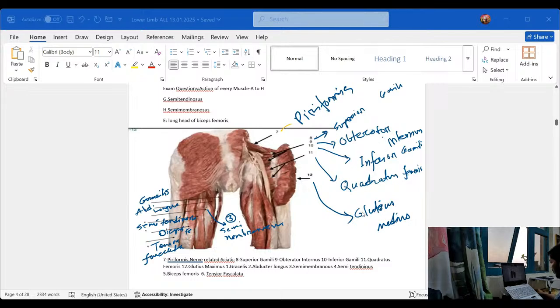And on this side gracilis, adductor longus, semimembranosus, semitendinosus, biceps femoris, tensor fascia lata.